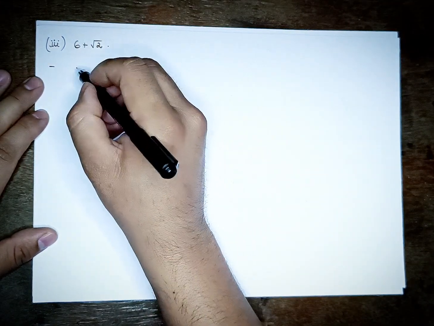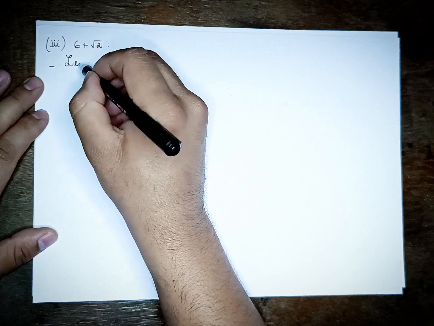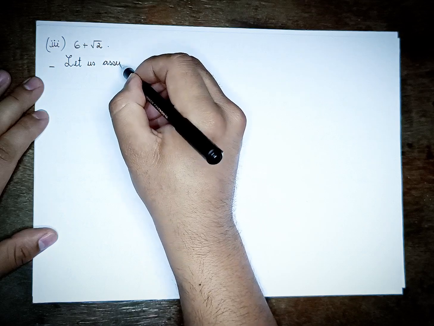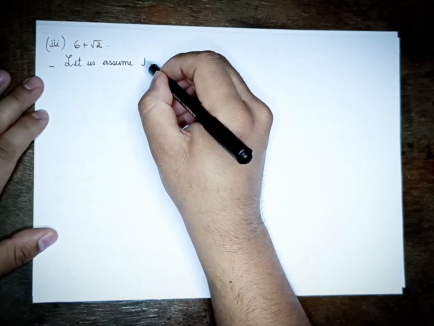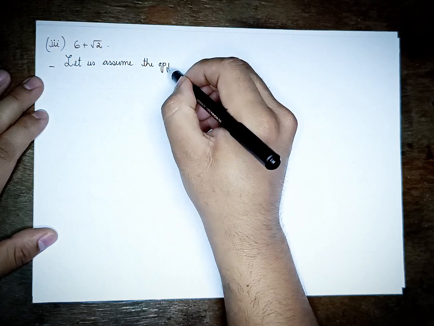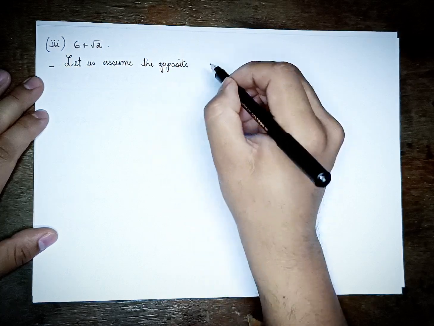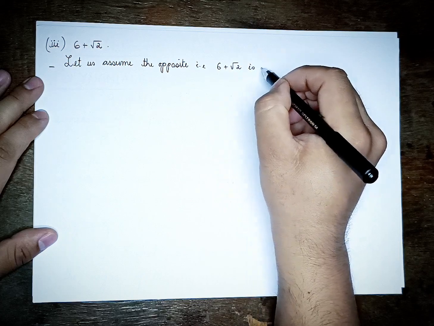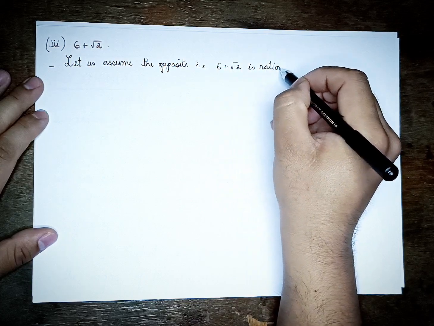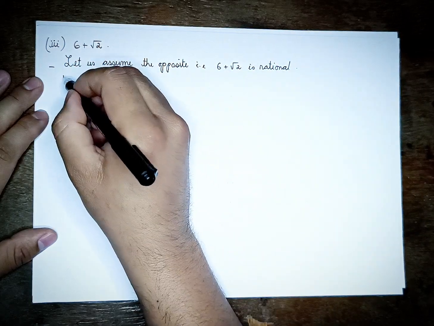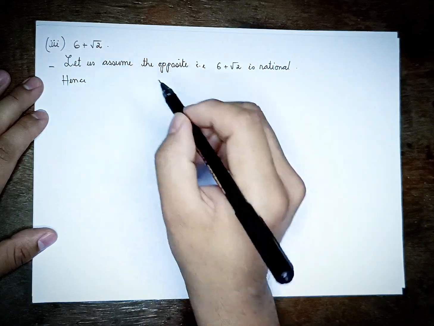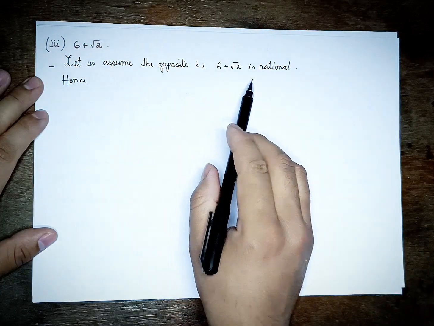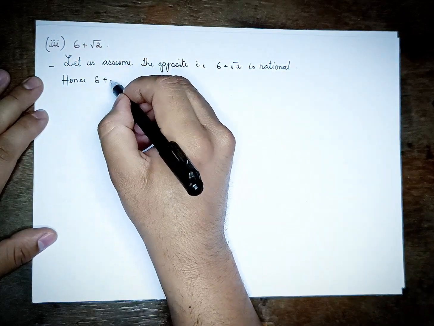First, let us assume the opposite, that is, 6 plus root over 2 is rational. Hence, if 6 plus root over 2 is rational, then it can be written in the form a by b.